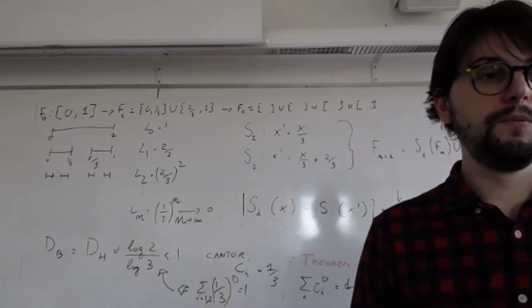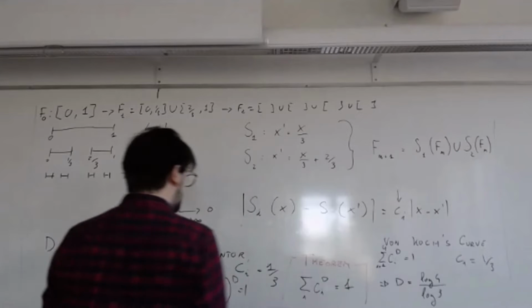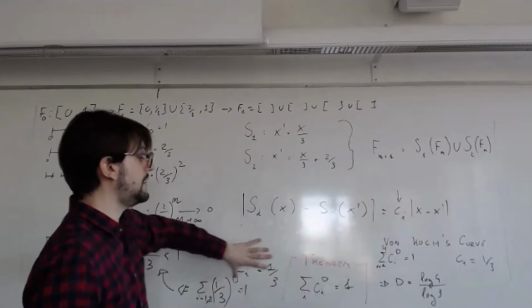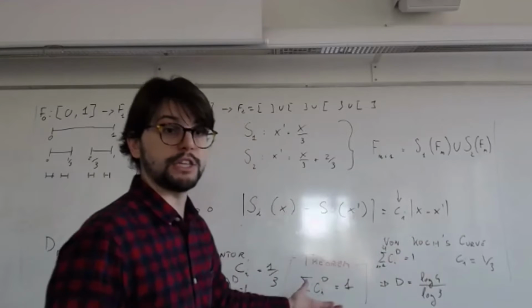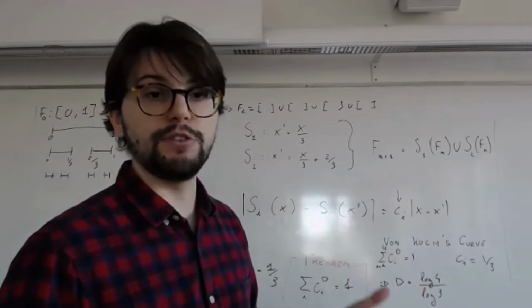Okay? Sorry, I'm covering it. I think you can see everything I've written. So the interesting thing is that this relates to the measure, because it's all based on the contraction of the measure of your set.